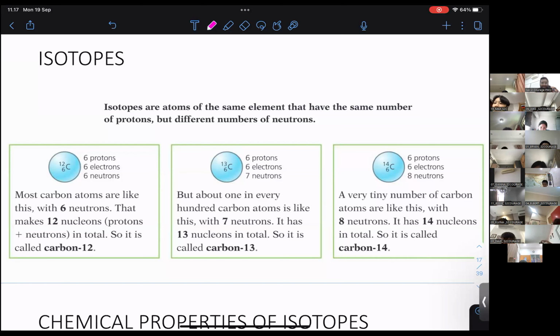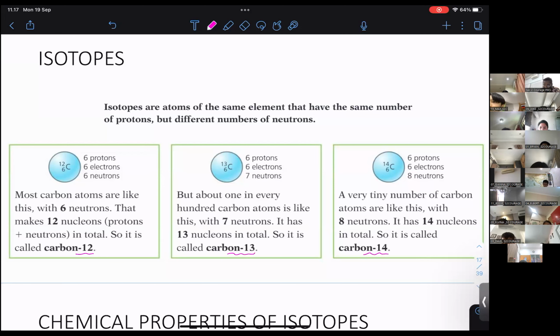Let's look at this example, isotopes of carbon. Carbon has a total of 3 isotopes, and the names are carbon 12, carbon 13, and carbon 14.